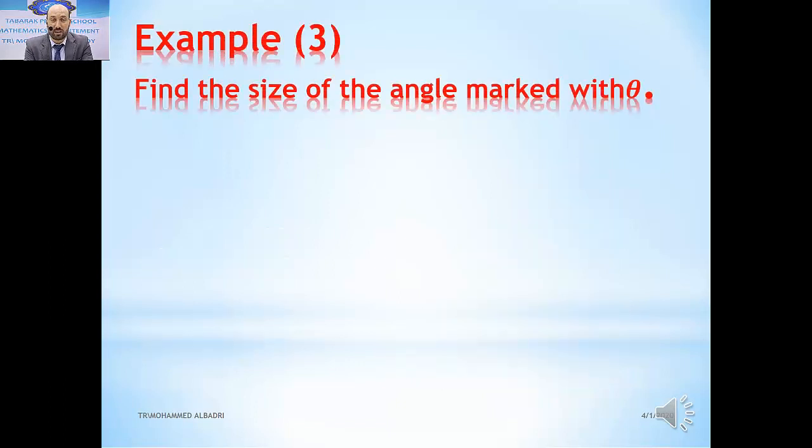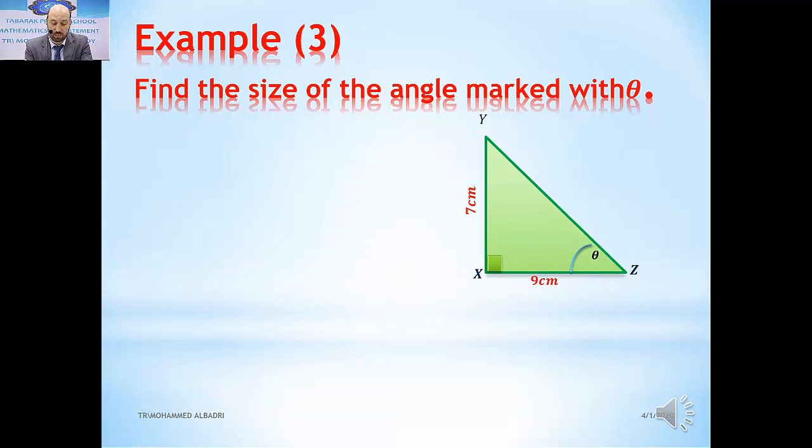Now for the next example, find the size of the angle marked with theta. Here the chosen angle is Z, and Z lies between two sides. The longest side is YZ, the hypotenuse, the adjacent is XZ, and the third is the opposite. So what is the relationship between what we have and what we want?